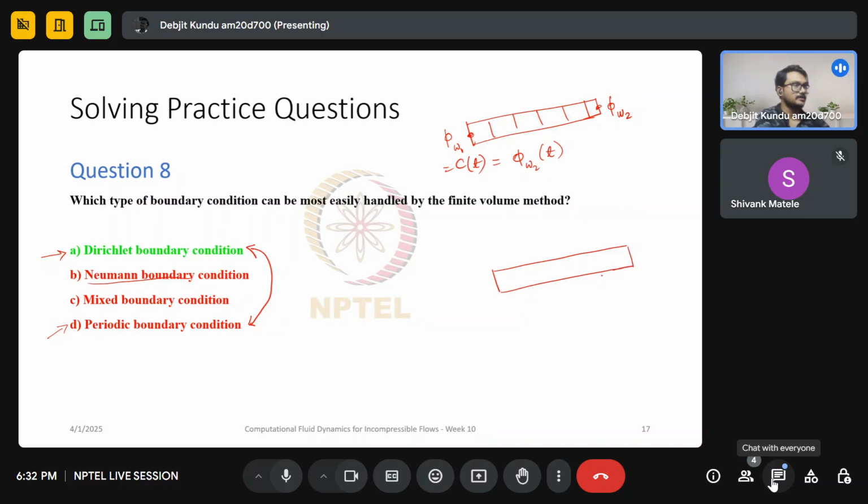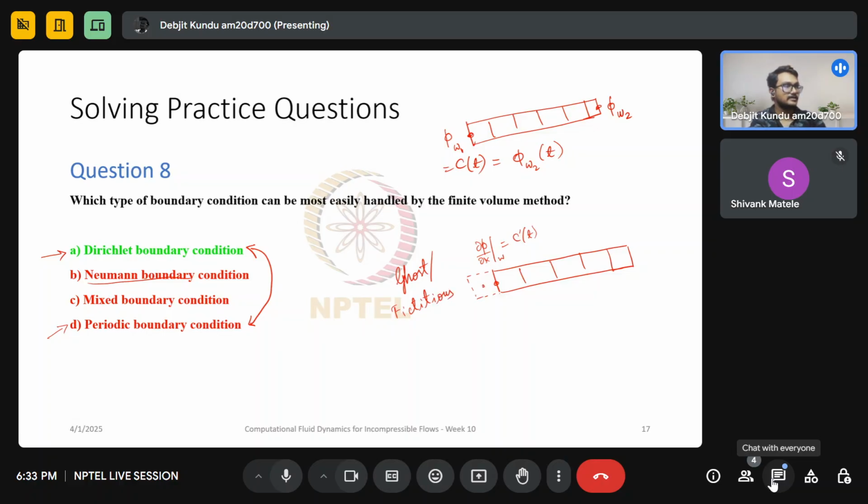So in case of Neumann boundary condition, what we do is, let's say at this point the dou phi dou x is known. Dou phi dou x at the wall is some known quantity. I call that, let's say, C prime t. So there what we do is we introduce something called ghost cells or fictitious cells, cells which do not really exist.